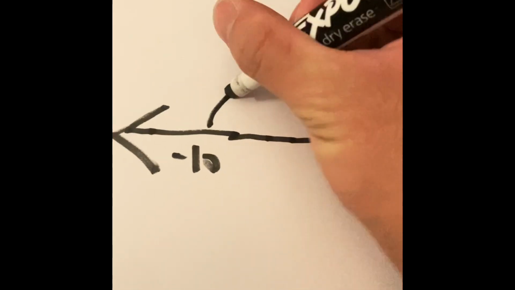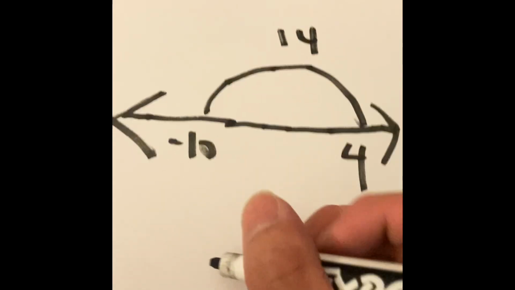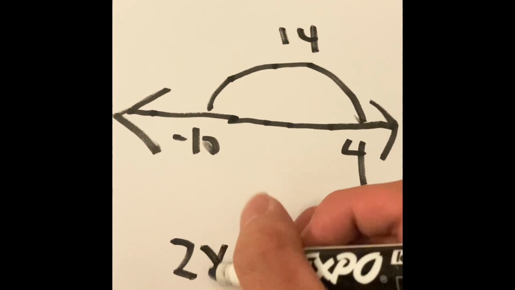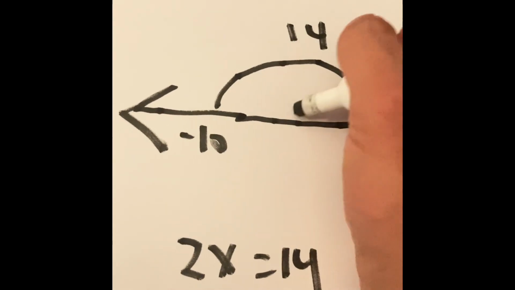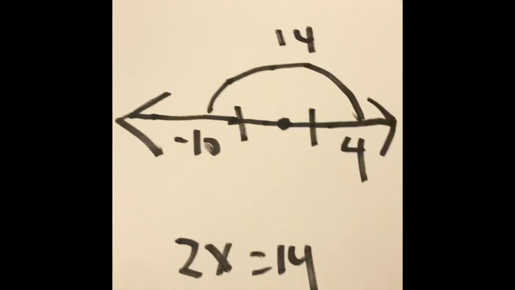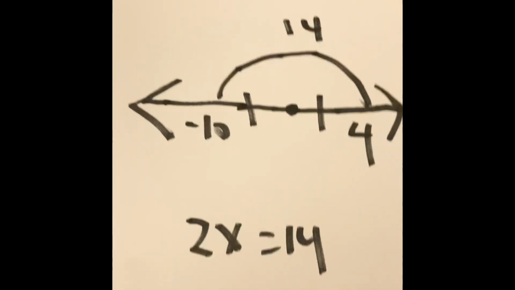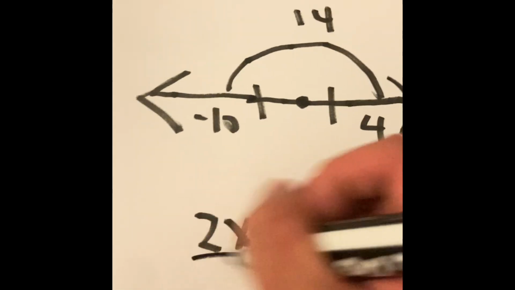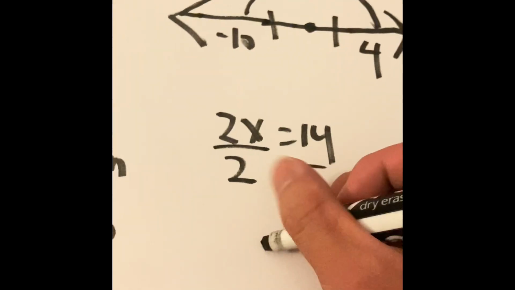If we find the difference between the two, we could say it's 14. So we can write an equation that's 2x equals 14, because when you have a midpoint, it will get you two congruent segments. Divide by 2: 14 divided by 2 is 7.